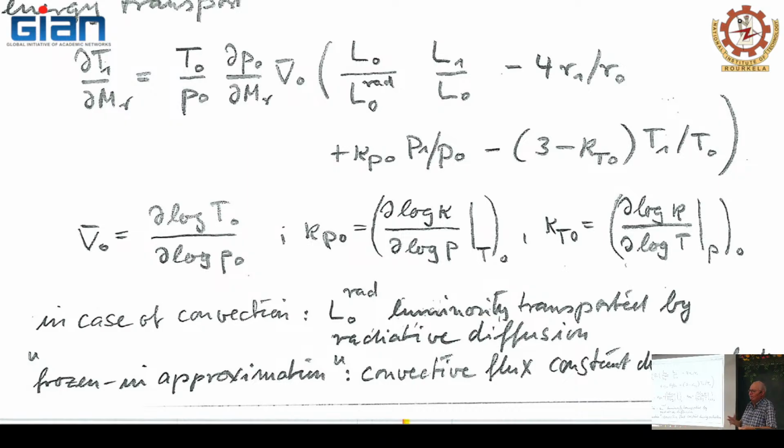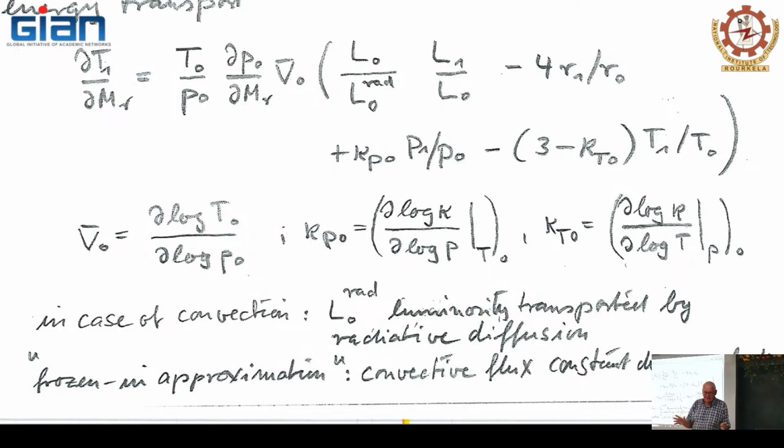If convection contributes only, say, 10 or 20%, and you take it into account by the frozen-in approximation, you will not make a big error in your computations.